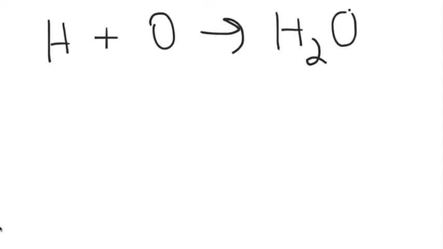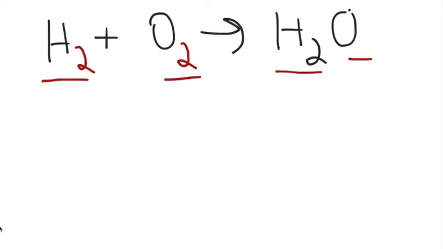So, hydrogen and oxygen are diatomic, so we're going to have to write in the 2. Now, let's begin to balance. I've got 2 hydrogen on my left, 2 hydrogen on my right. Hydrogen's good. But I have 2 oxygen on my left and only 1 oxygen on my right.